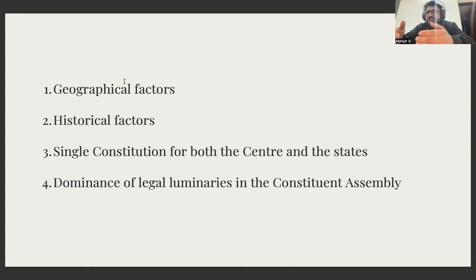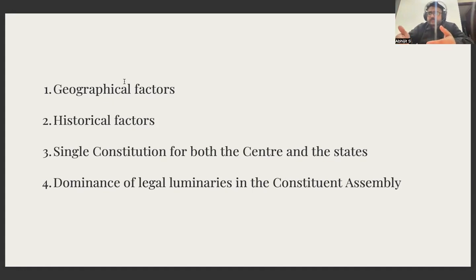For example, certain states would need to be given certain privileges. For example, there is a sixth schedule which addresses the needs of multiple states, primarily in the Northeast, and various other provisions as well. There are multiple articles as well.